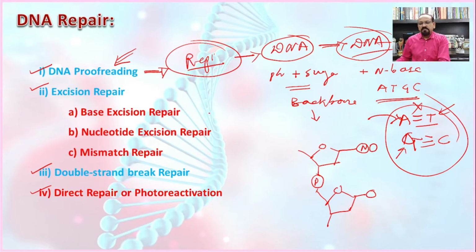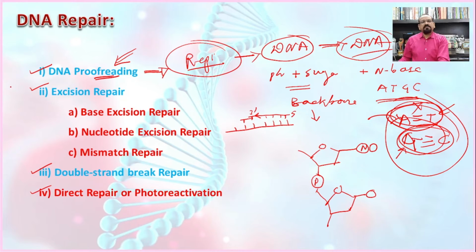the proofreading. In DNA replication, one strand is the template and the other strand is synthesized on it in the 5' to 3' direction. During this, when the nucleotides are added to the template, they are proofread again to check whether they are complementary or not.